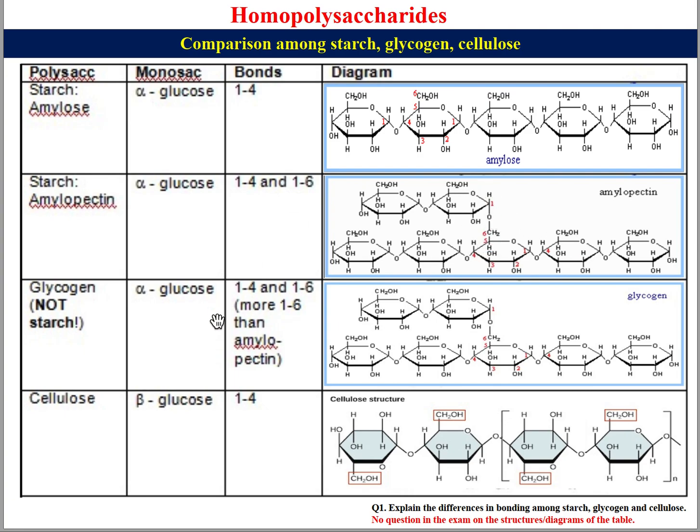Glycogen is also composed of alpha glucose and contains both alpha 1,4 and alpha 1,6 linkages. And cellulose is a polymer of beta glucose, so it contains beta 1,4 linkages.